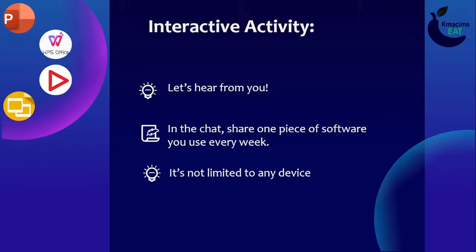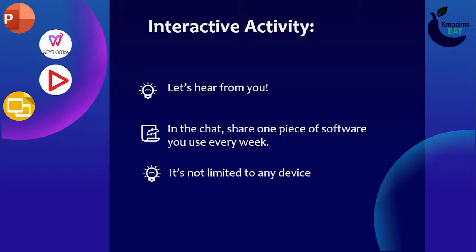Now the reason for this is I might be using Microsoft Excel often. You might be using Microsoft Word often. Another person might be playing games often. So let's just see, and this interaction is going to help us to know some apps that we don't know. And one thing you need to do is, if it is Microsoft Word or Excel or PowerPoint, you're going to write productivity tool. If it is a game, you specify the app and tell us that it's a game.